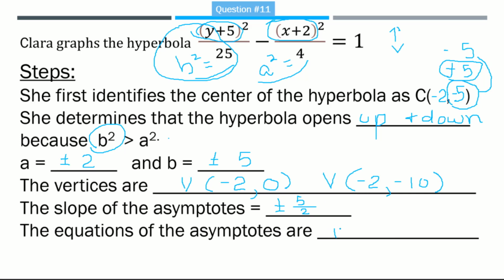We take the y plus 5 is equal to positive or negative 5/2 slope times, now we're going to take this part of the equation, x plus 2. Okay, that's it. You can write this as two different equations, but I just wrote it all together by putting this plus or minus right here.